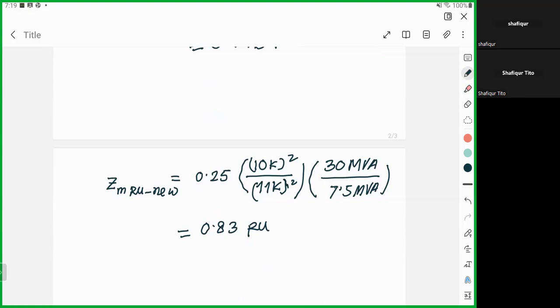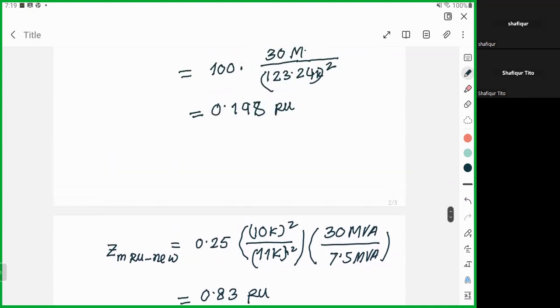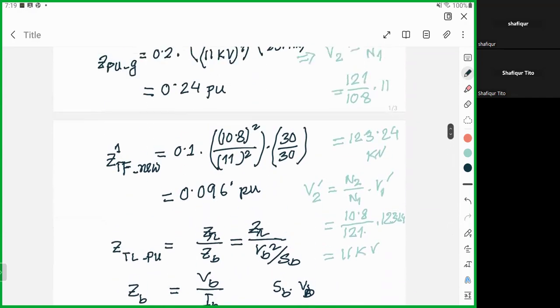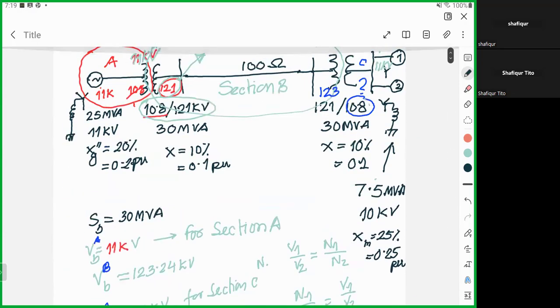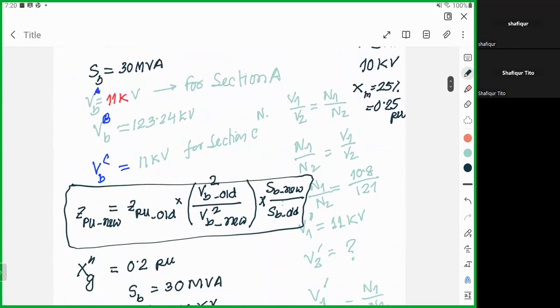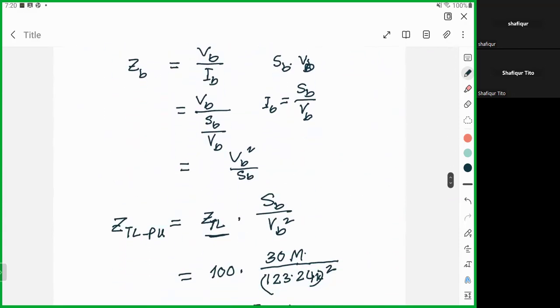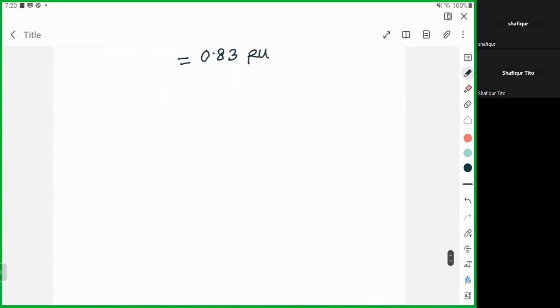The only difference from the previous one is that the voltage has been different, the transformer voltage and the generator voltage. So we have to transfer these voltages to appropriate values.